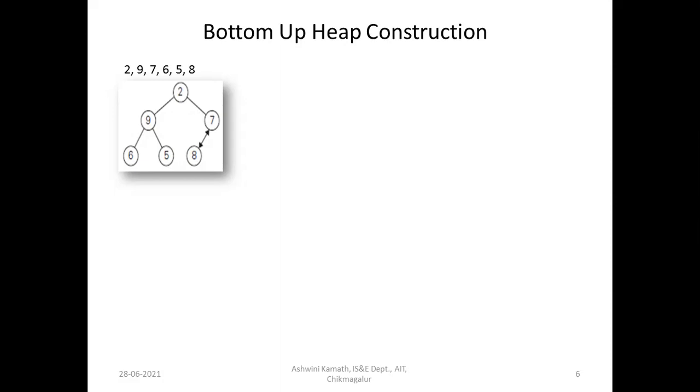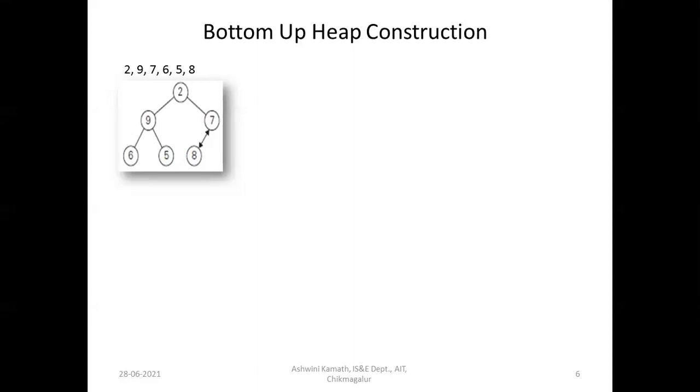The complete binary tree is already constructed. Now you have to convert this into a heap. It is a simple complete binary tree, not a heap now, because 2 is at the root, which is lesser than all the values in the tree. So 2, 9, 7, 6, 5, 8.